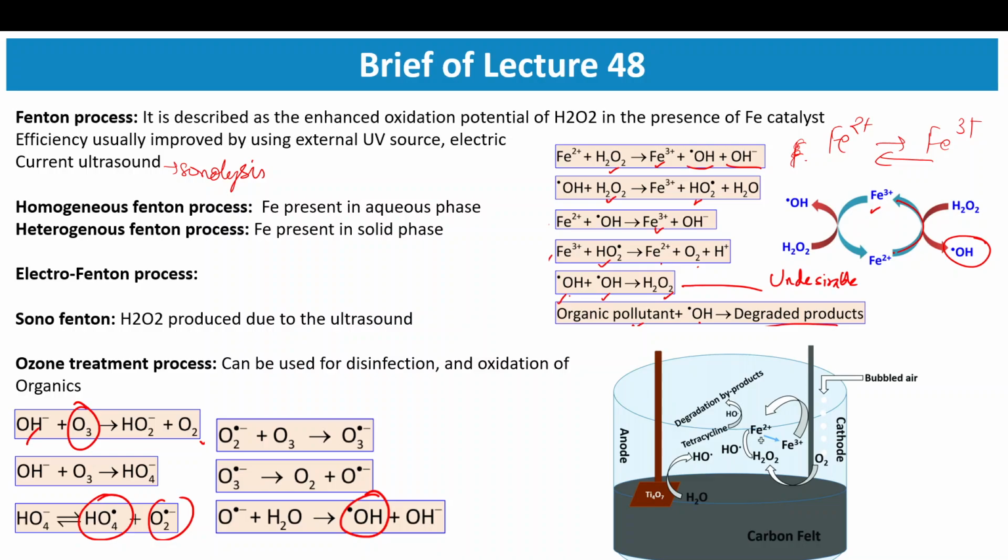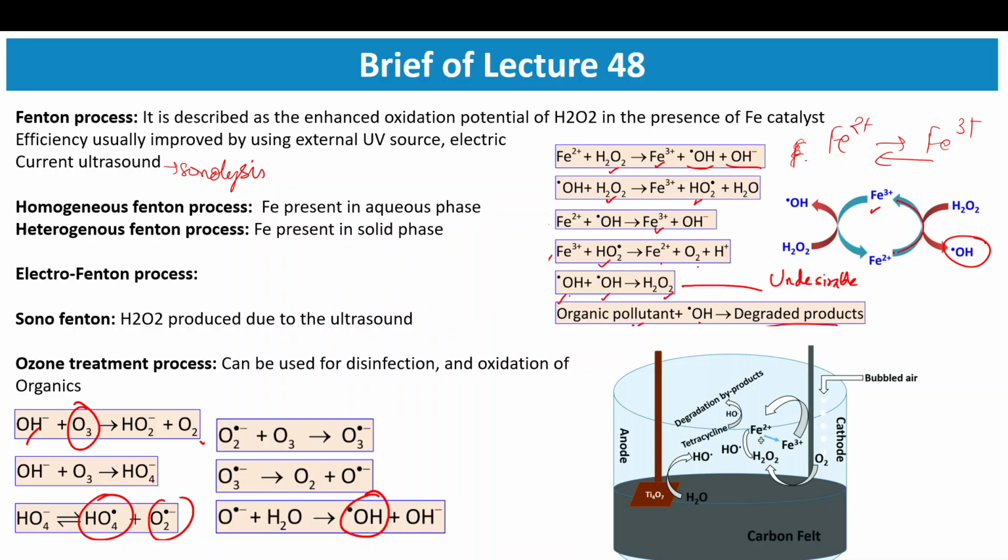Then you can have, as I mentioned, the electrofenton process, which means you are supplying electricity for the Fenton process to occur or to enhance the process efficiency, right? Electricity means you will have an electrolytic or chemical cell that generates electricity because of the presence of anode and cathode, and the reaction takes place at anode and cathode, right?